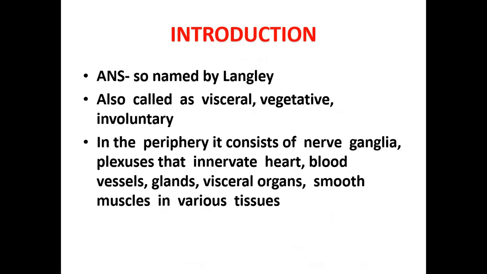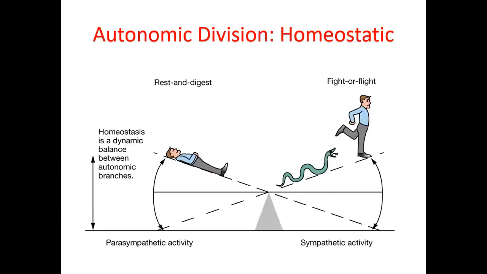In the periphery, it consists of the nerve ganglia and the plexus that innervate the heart, the blood vessels, the glands, the visceral organs, and smooth muscles in various tissues. The two divisions which I told you, the parasympathetic and sympathetic, have opposing effects, and normally their effects are in a state of equilibrium.